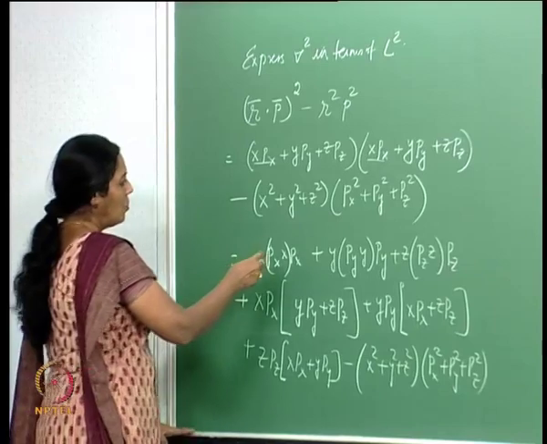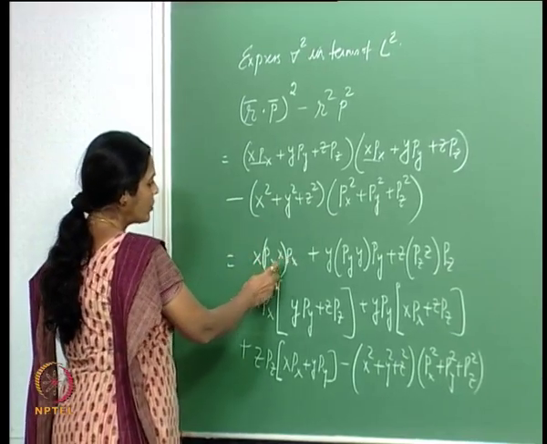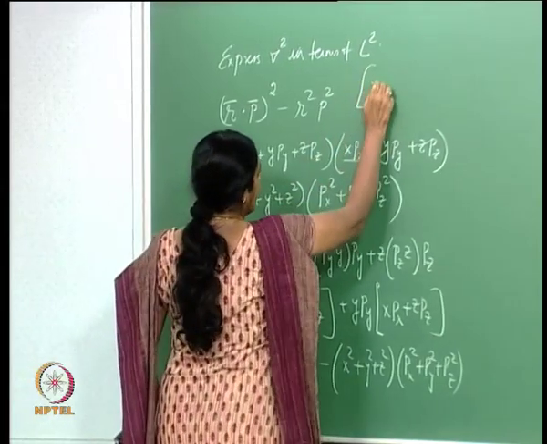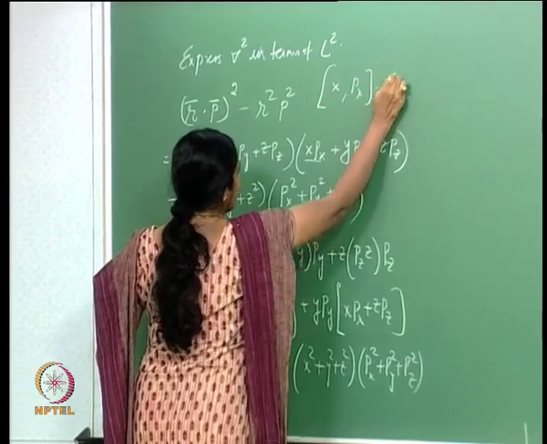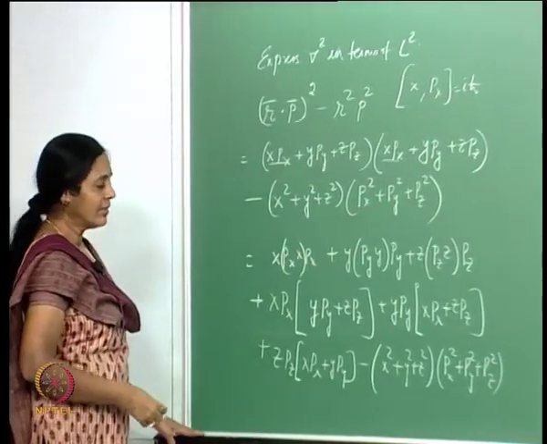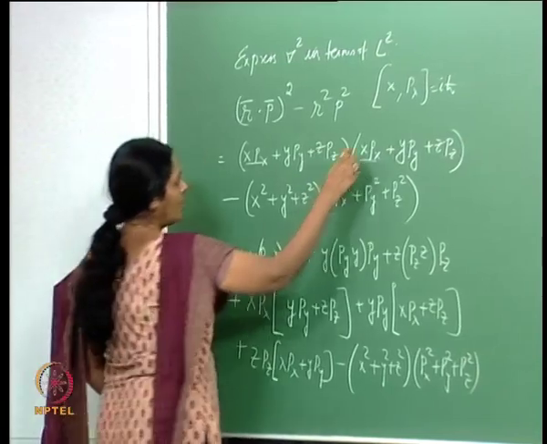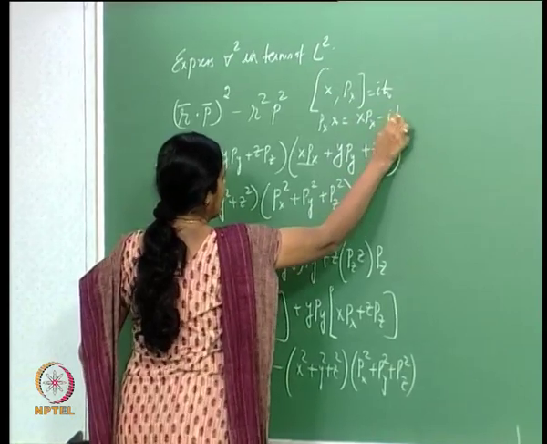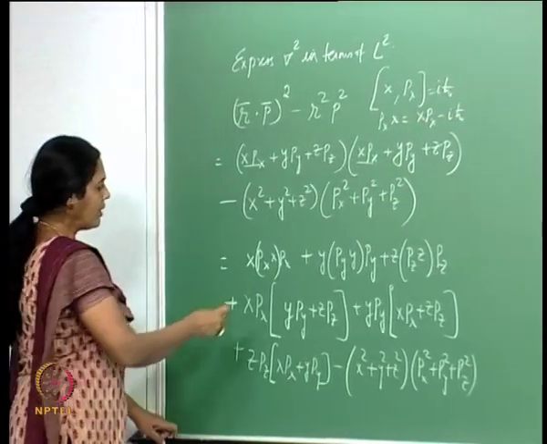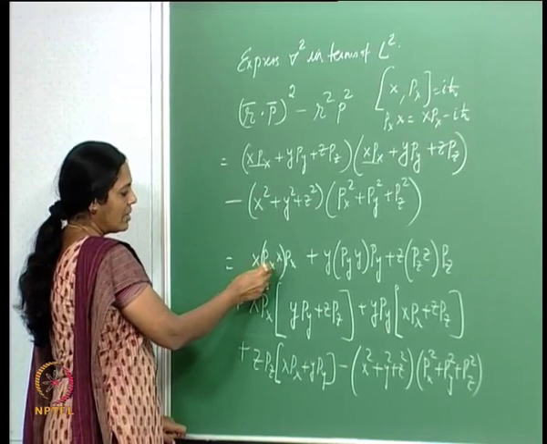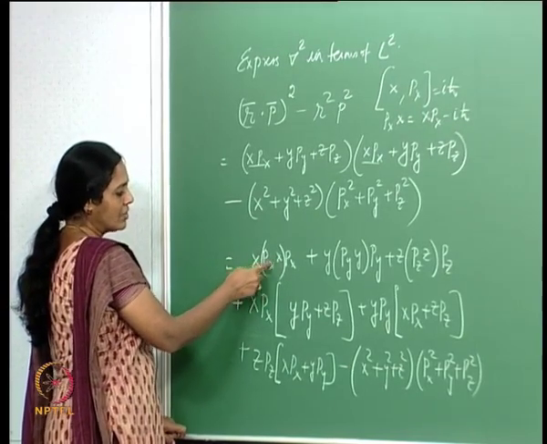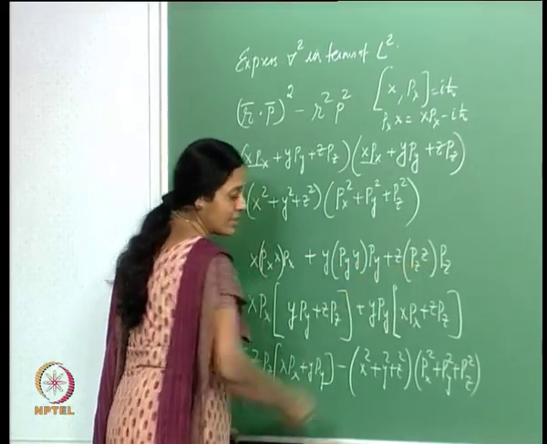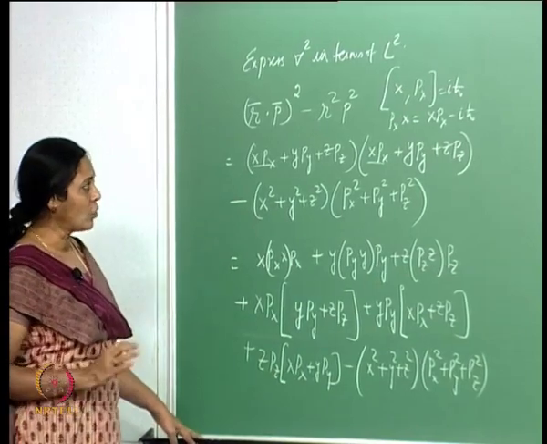So, I will be left with terms from here which involve i h-bar. Use the commutator: x p_x is i h-bar, similarly for y and p_y and z and p_z. So, p_x x is x p_x minus i h-bar, and therefore, what I will be left with here is minus i h-bar x p_x minus i h-bar y p_y minus i h-bar z p_z, which is minus i h-bar r dot p.